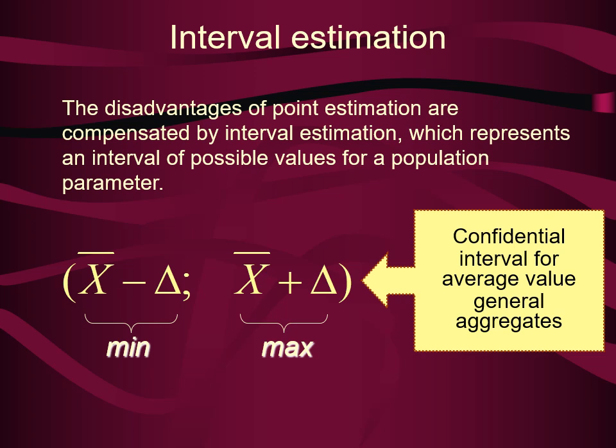So, as I have already said, for greater confidence that the sample estimate will be reliable when transferred to the general population, use intervals. In other words, they set a certain interval in which the general average can fall, and great confidence is achieved that this is really the interval in which the general average will fall.